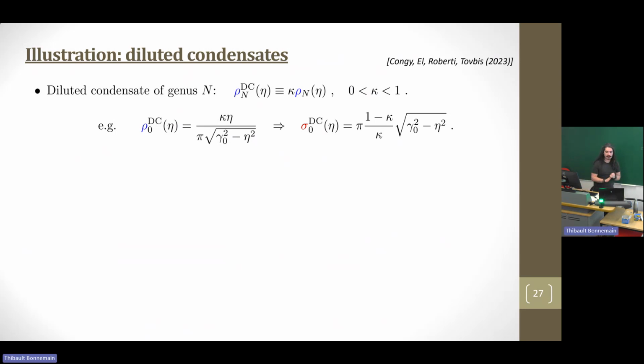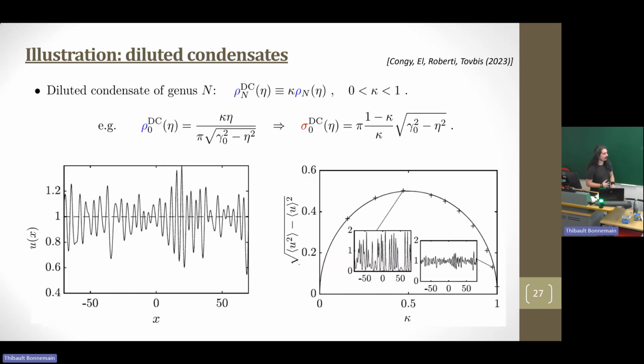Because the diluted condensate is so close to the actual condensate. And that's what it looks like for the field for a genus 0 diluted condensate for a dilution constant of 0.97. And here on the right, you have the evolution of the variance of the diluted condensate with respect to the dilution constant. So you start with a condensate of variance 0, you dilute it a bit, you increase the variance.